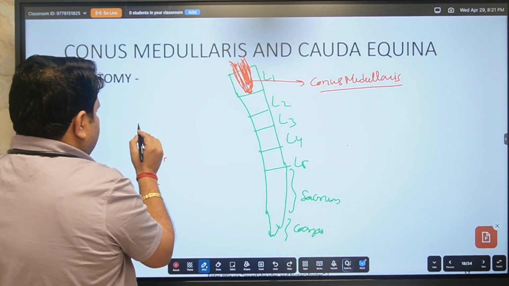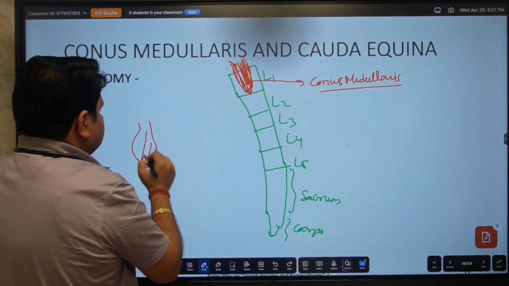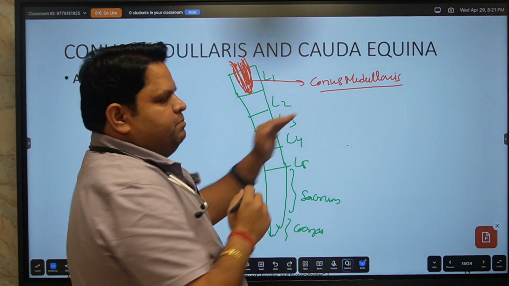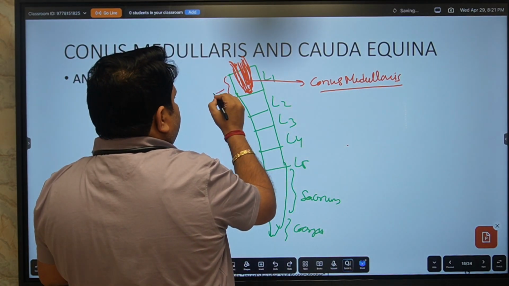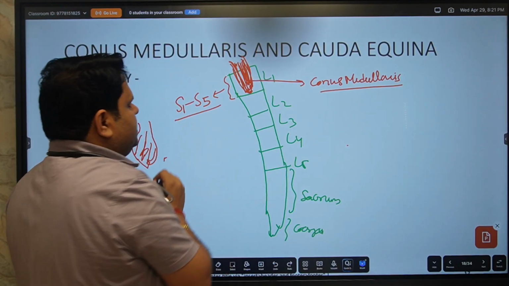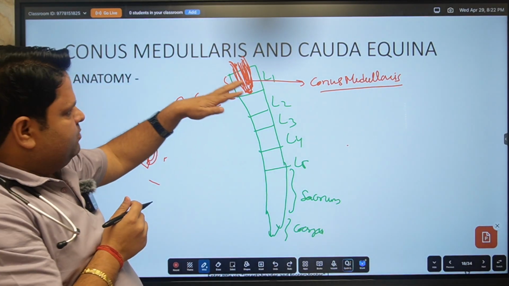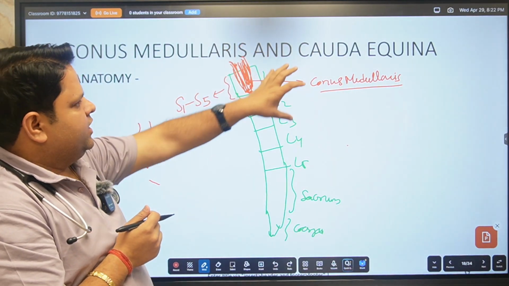This is called the conus medullaris. At the level of L1, the S1 to S5 roots arise from the terminal end of the spinal cord at the conus medullaris.